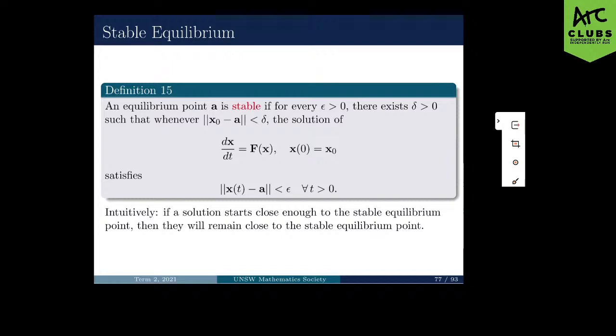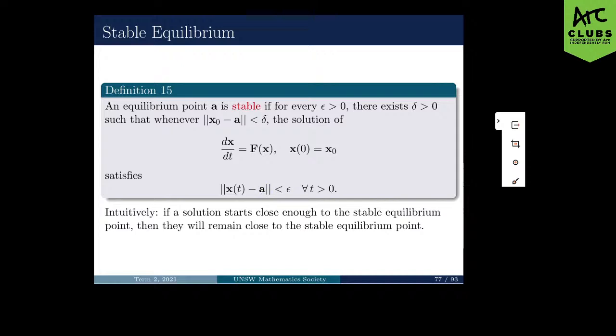An equilibrium point is stable if for every epsilon greater than 0, there exists a delta greater than 0, such that if the initial point is within delta of the equilibrium point, then the trajectory x(t) stays within epsilon of the equilibrium point.